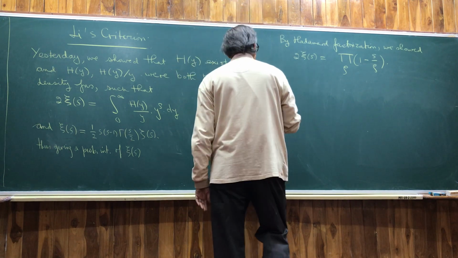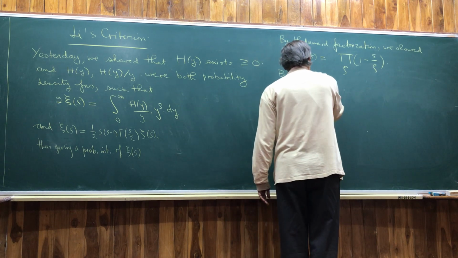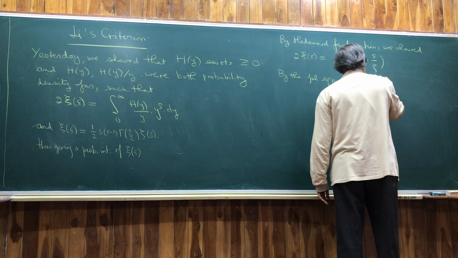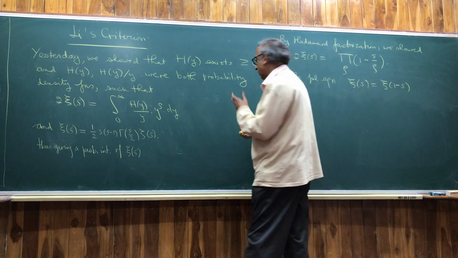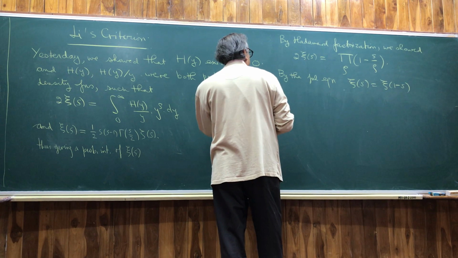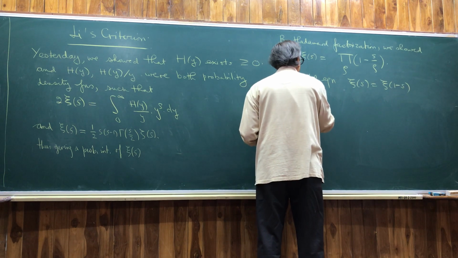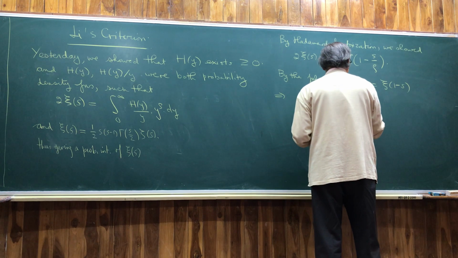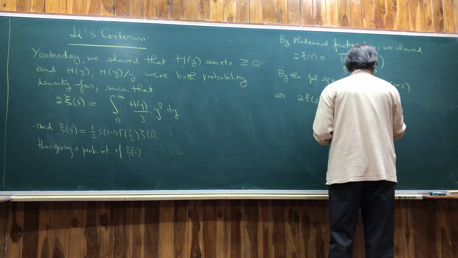Now we have the functional equation c of s is equal to c of 1 minus s. By the way, c of s is an entire function, keep that in mind too. That implies that 2 c of s is equal to the product over rho of 1 minus s over rho.